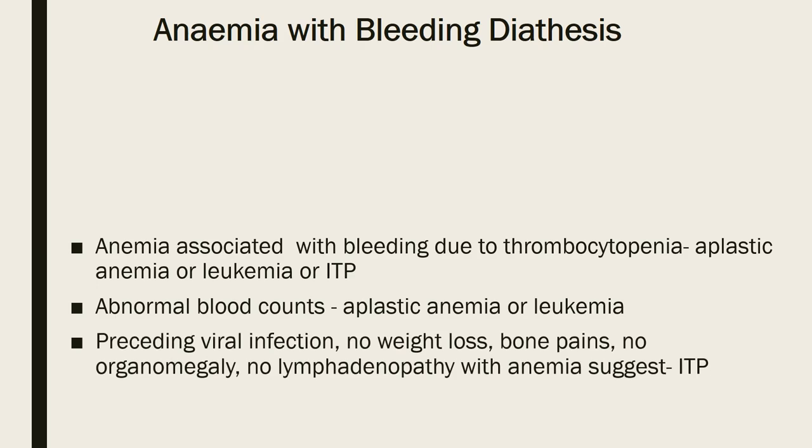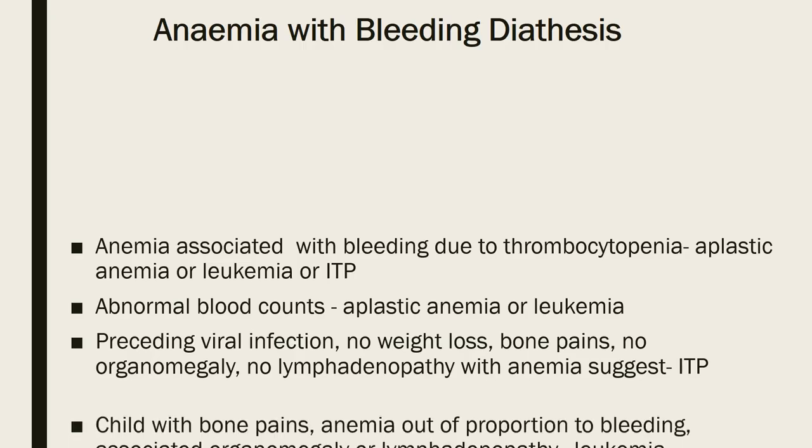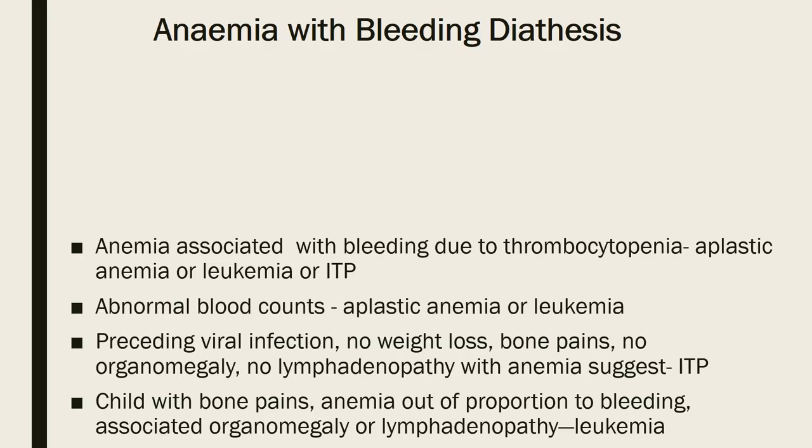If the child has a history of preceding viral infection, no weight loss, no bone pain, no organomegaly, no lymphadenopathy with anemia, then suspect ITP. If the child has significant bone pain, anemia out of proportion to the bleeding, and associated organomegaly and lymphadenopathy, then think about leukemia.